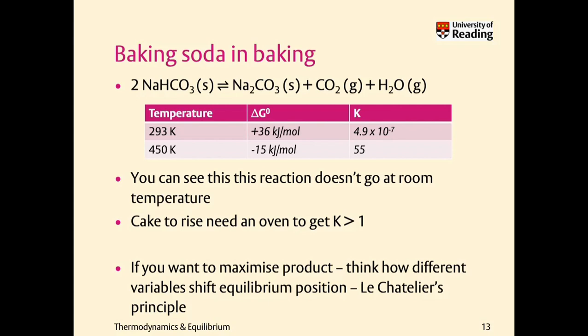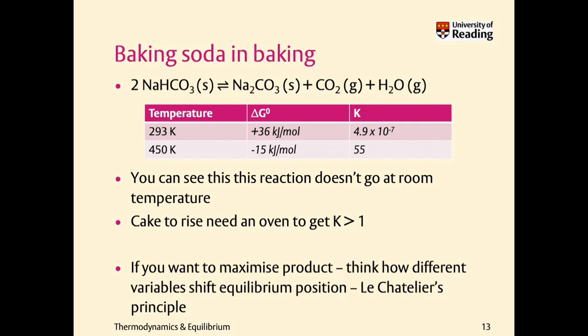You'll see that 4.9 times 10 to the minus 7. So it's very, very small. In fact, it is so small that if you think of products over reactants, we are dominated by reactants. It's a very small number over a very large number. So you could say that this reaction has not occurred at all.